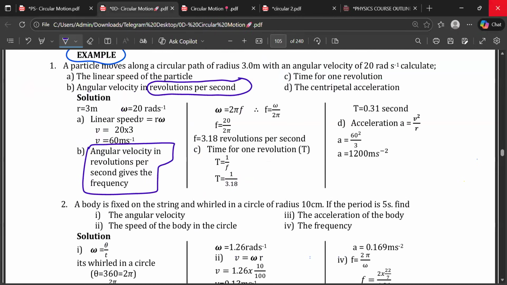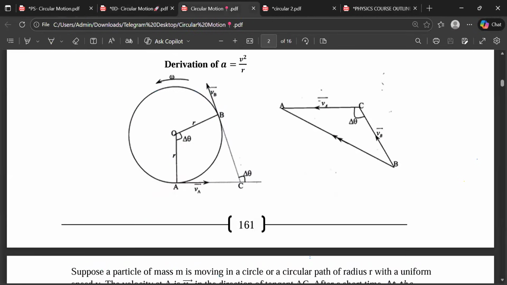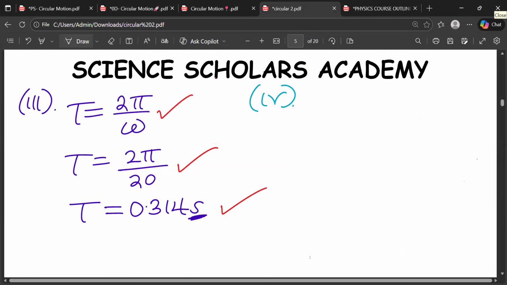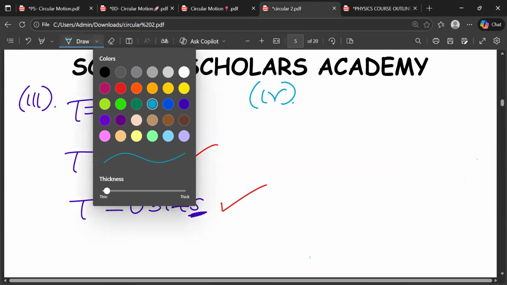Now this question is asking us for the centripetal acceleration. They could even just ask for the centripetal force. So centripetal acceleration, you know the formula. You just choose which one is going to work for you depending on what you have. There is no logbook for physics. You're supposed to be knowing these things.